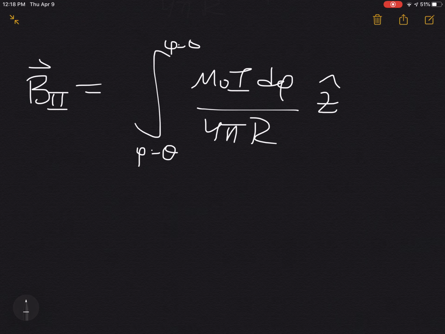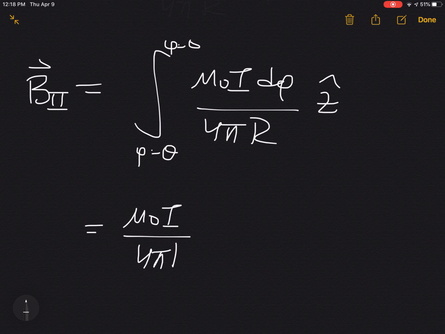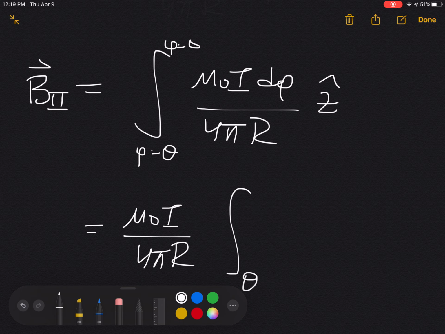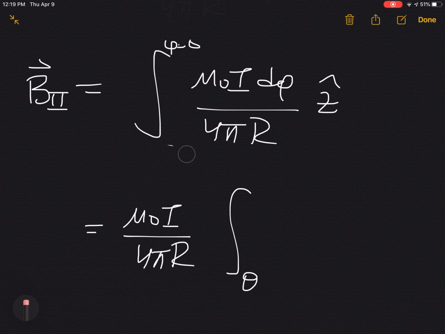So, excuse me. So we can pull all of these factors out. This is mu naught I over 4 pi r. And this is the integral from, I guess, or did I do this? Why did I do it like that?